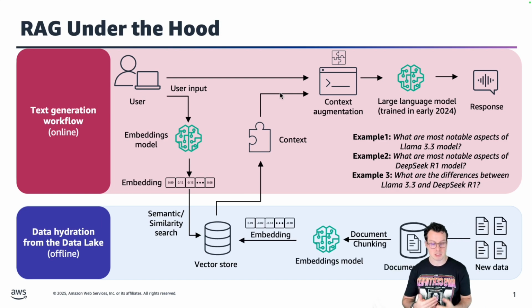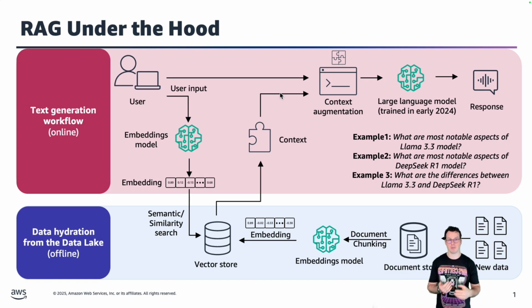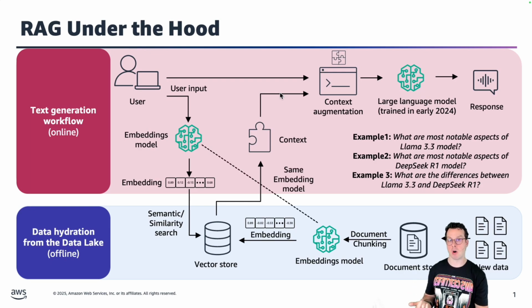Well, you would have some sort of a flow where you have various data that can be, again, residing in your organization. It can be residing in different SaaS products, residing on websites that you can crawl, and then you're going to load that in some sort of a document repository or document store. And then from there on, we have the ability to use the embedding model, which, by the way, has to be the same embedding model as what we use during the text generation workflow to embed the user's query.